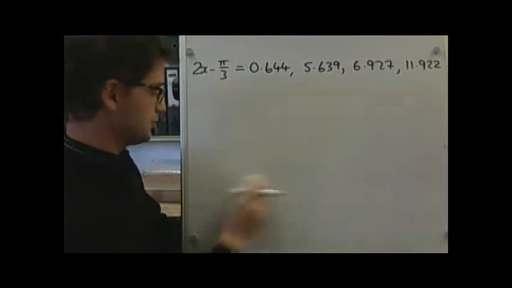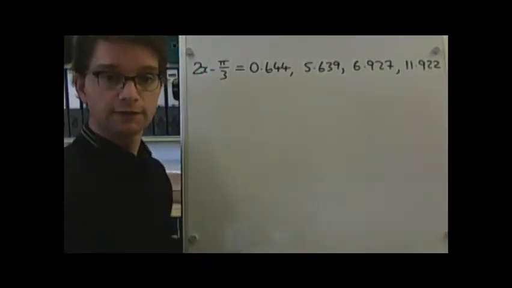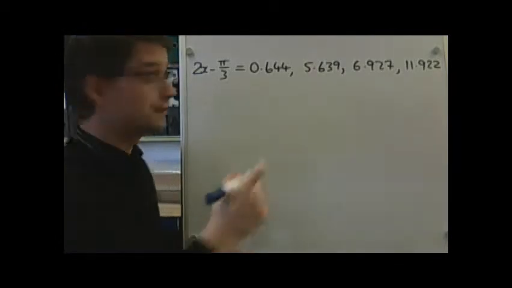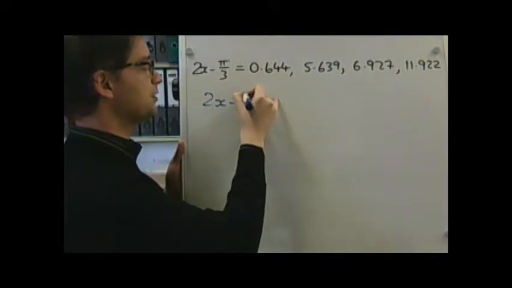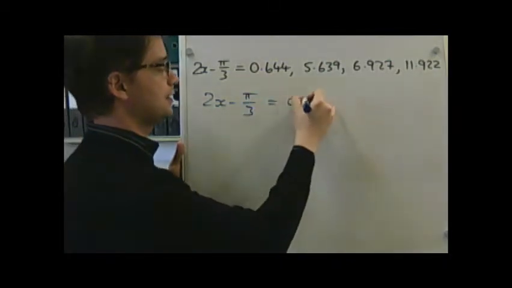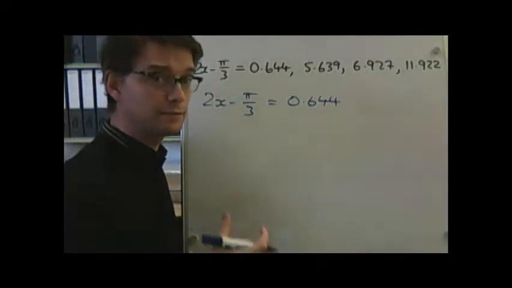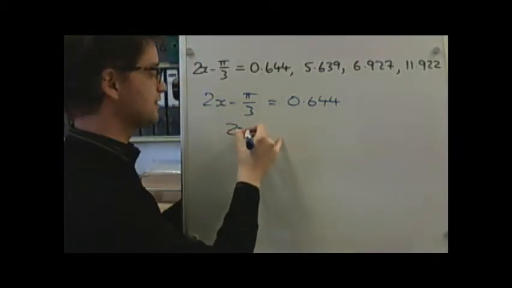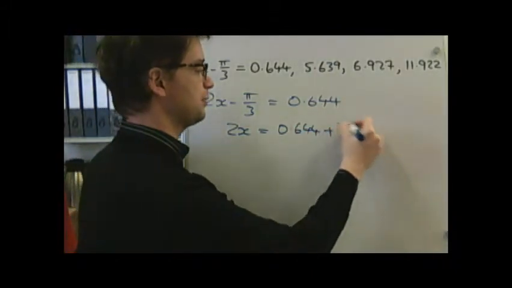Well, now what I've got to do is solve 4 little linear equations, basically. I'll do one of them and then rub it out again to keep us on track. But our starting point is that 2x minus pi by 3 equals 0.644. Well, this is a simple little linear equation to solve. That says that 2x is 0.644 plus pi by 3.